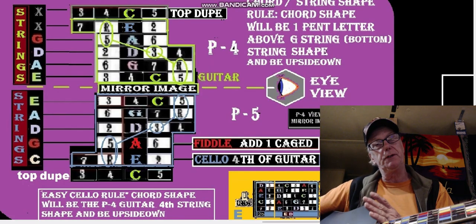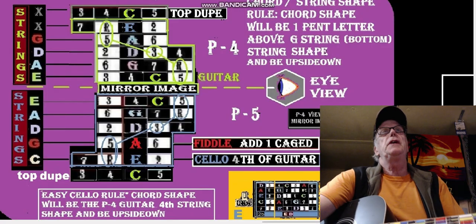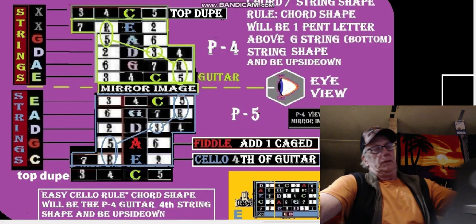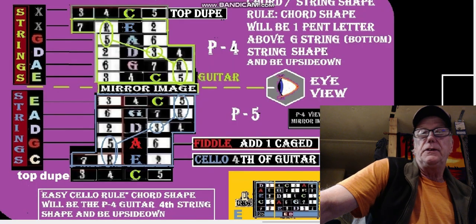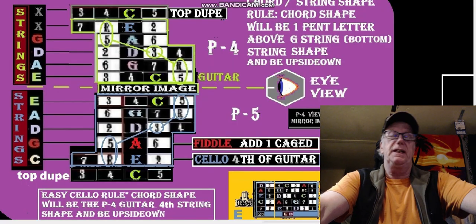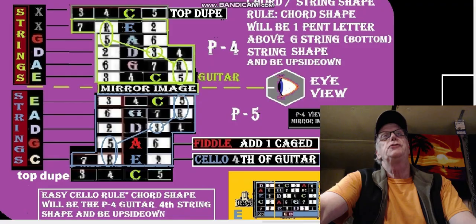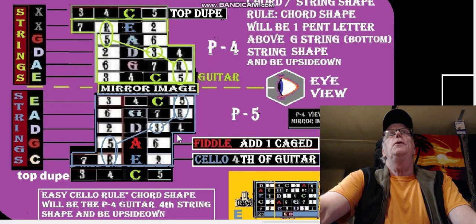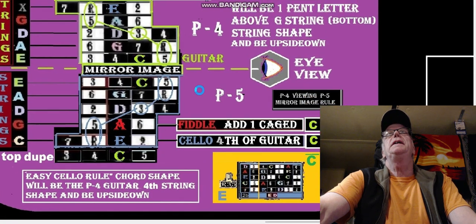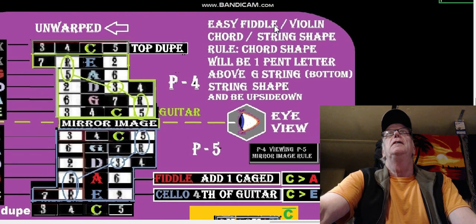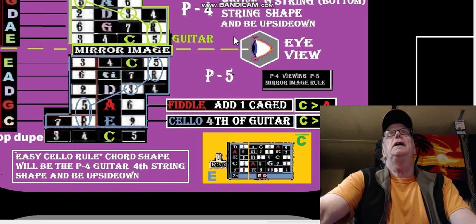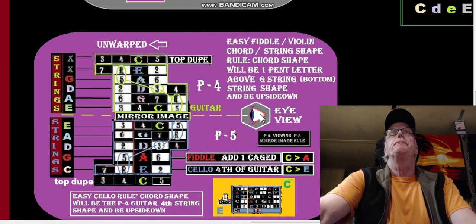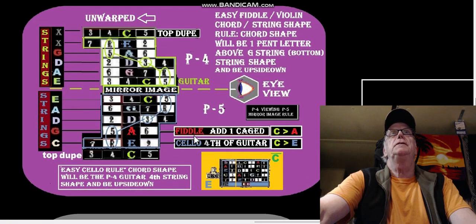It's got double string shapes, but those string shapes are actually inverse of the string shapes pattern stack, and we'll get to that in the next chart. So the easy cello rule and easy fiddle violin rule, here's the rules kind of summarized right here.